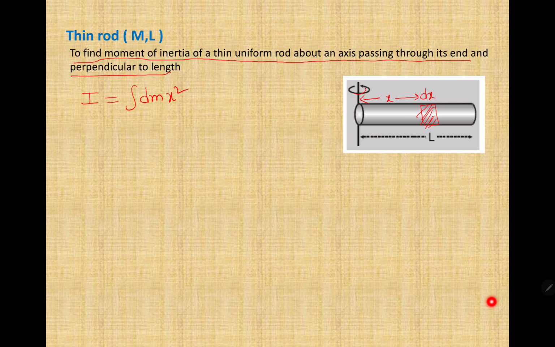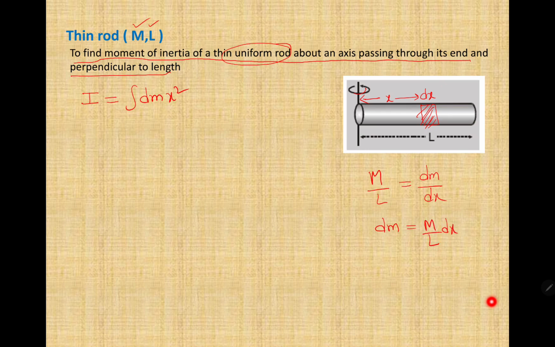Remember, we are taking a uniform rod, which means mass per unit length is the same. So we take total mass as M, total length as L. If you take the small part here, its mass is dm and its length is dx. From here, dm is equal to M by L into dx.